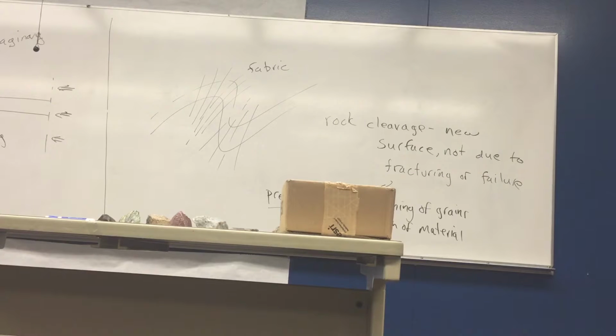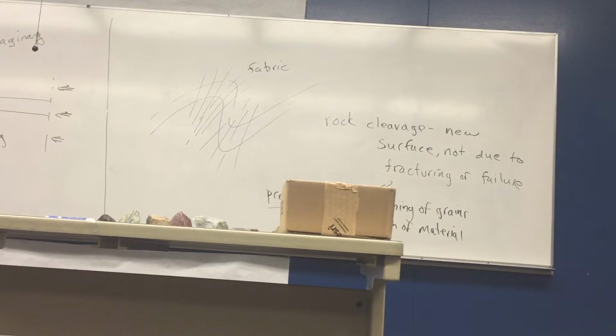This was a fourth order parasitic fold, so it's a fold inside a fold, inside a fold, inside a fold in this system, right in the hinge zone. And what you should notice is that you've got some orangish brown lines that are vertical here. Those are pressure solution surfaces.